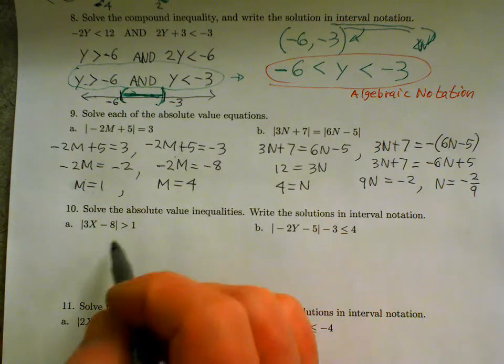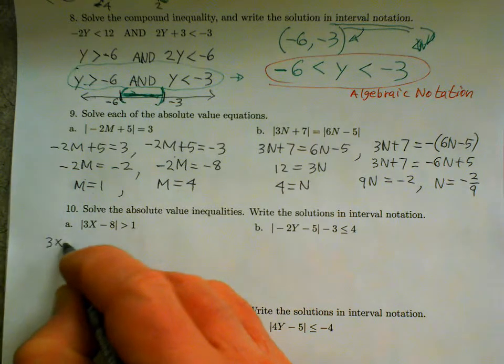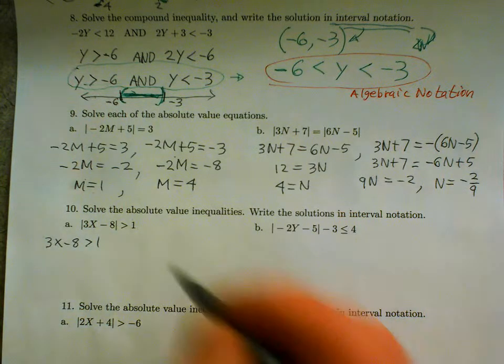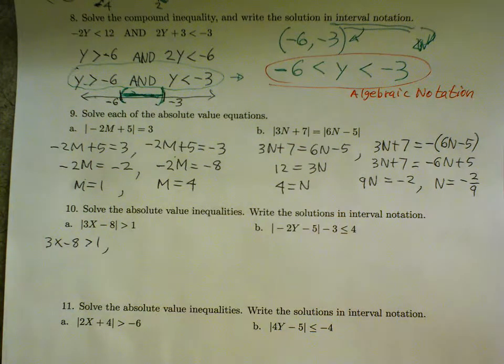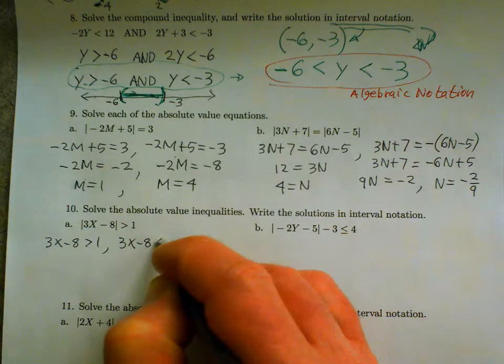So one of them is going to be 3x minus 8 is greater than 1. The other one is going to be 3x minus 8 is less than negative 1.